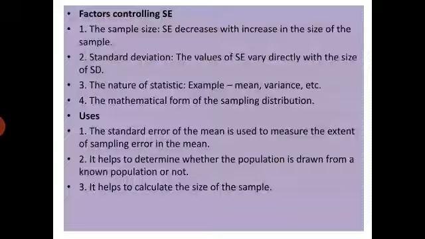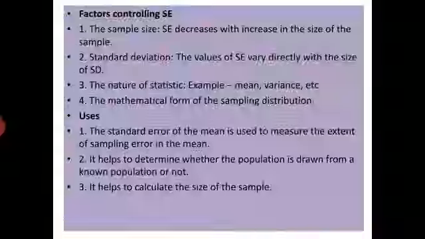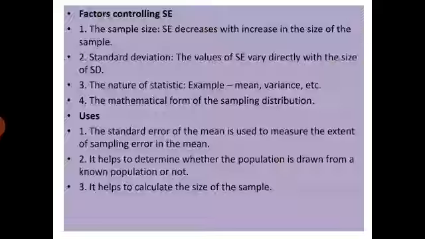The mathematical form of the sampling distribution also affects the standard error. Then what are the uses of standard error? The standard error of the mean is used to measure the extent of sampling error in the mean. It helps to determine whether the sample is drawn from a known population or not, and it helps to calculate the size of the sample.